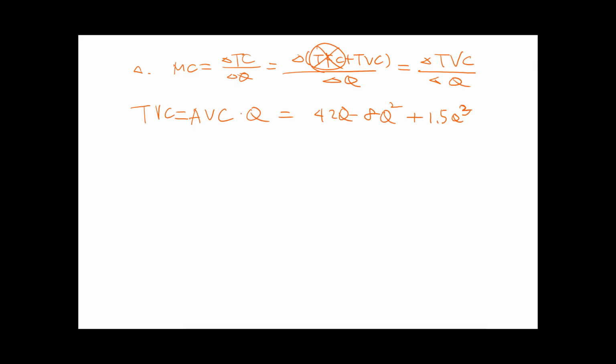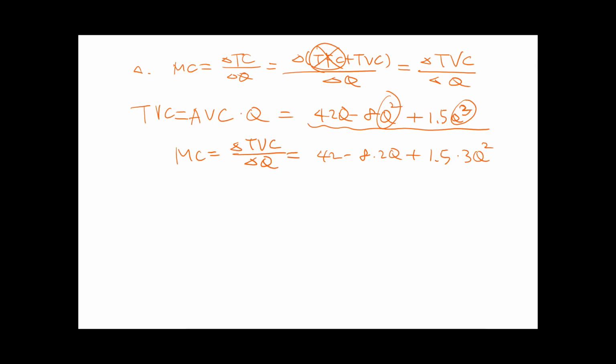You can derive total variable cost, and when you apply the delta operation to total variable cost, or basic calculus, with respect to the change in total quantity of output, you have 42, 8 multiplied by 2Q, and 1.5Q cubed becomes 3Q squared, right? So this is 42 minus 16Q plus 4.8Q squared, that is the marginal cost curve.